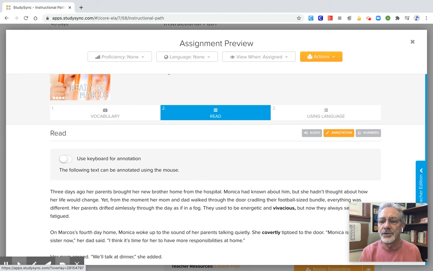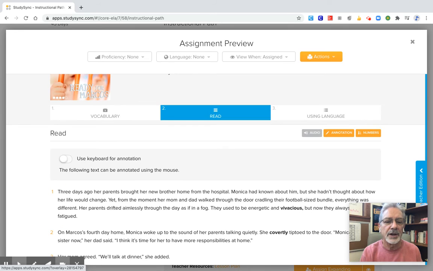One of the other things you can do is annotating. We'll talk about that later on. But then the third thing here is called numbers. And once in a while, when you're asked questions, it'll say in paragraph 1 or paragraph 2. If you click on numbers, you can see that the paragraphs are now numbered so that we can see what they are. So if those questions come up, you know where to find paragraph 1, 2, 3, whatever.